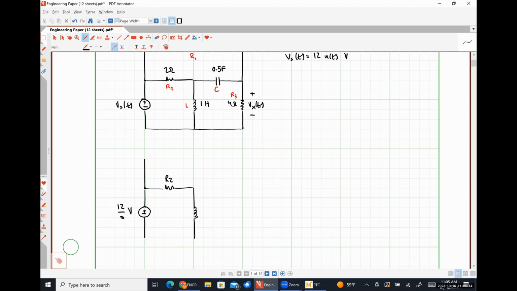The impedance of our inductance is just S times L. The impedance of our capacitance is 1 over S times C. Here is our resistance R3, over which we will be finding a voltage Vx of S. And across the top, we have our resistor R1, like so.